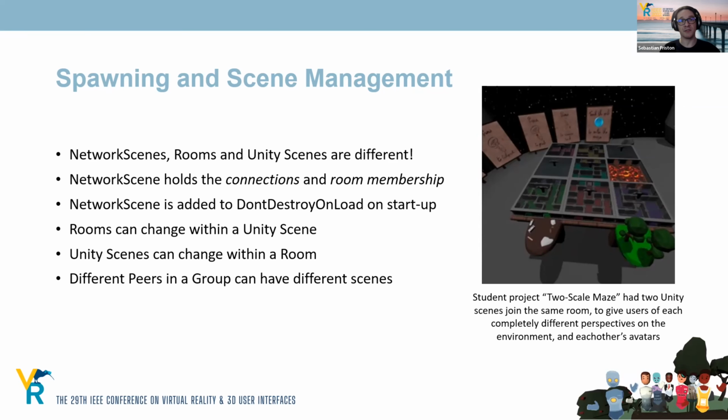It uses don't destroy on load, with the expectation that Unity scenes may be added additively, which Unity seems to be pushing, or completely replaced, all while a peer is a member of a single room. And the various use cases you can imagine for this are, say, if you had a peer group that you wanted to move through different environments together, or say subsets of a peer group needed to have different views of the same environment.